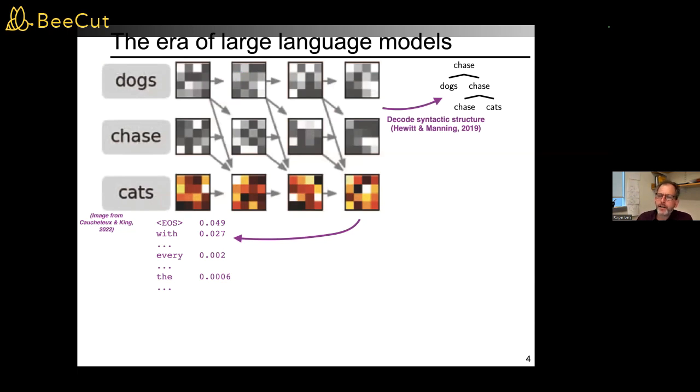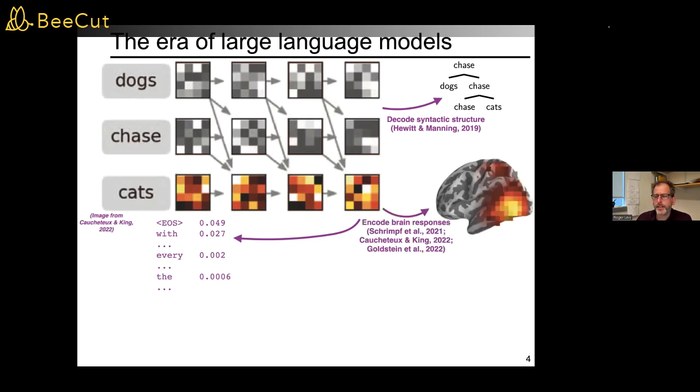Over the last several years, this has been a remarkable technology for language science. For example, it turns out that there are correlates of hierarchical discrete syntactic structure in large language models. You can do a good job predicting brain responses in high dimensions to linguistic input from the embedding representations of the models.